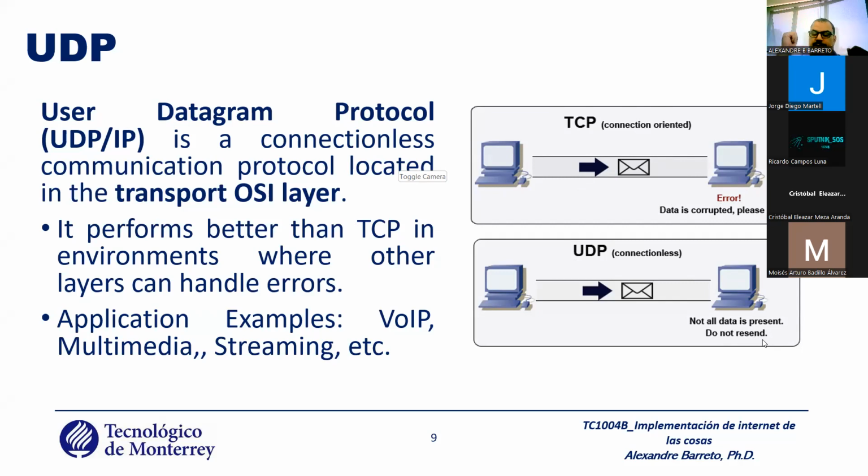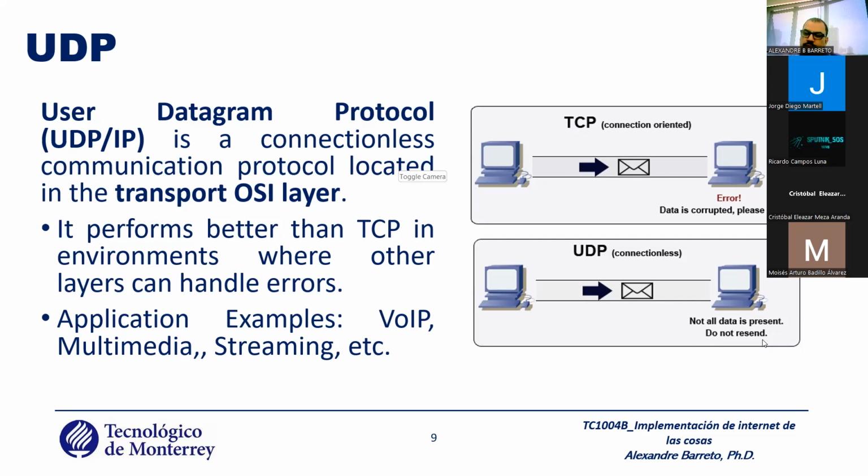For example, in TCP, if the data is corrupted, you send the ACK saying the data is correct, or I need to retransmit the data. In UDP, no. In TCP, you send the data and the receiver checks whether it is correct or not. In UDP, it doesn't matter. You go ahead.